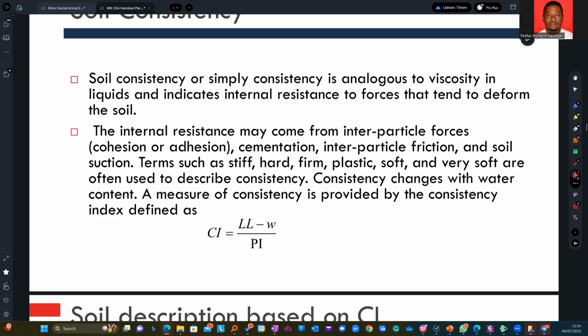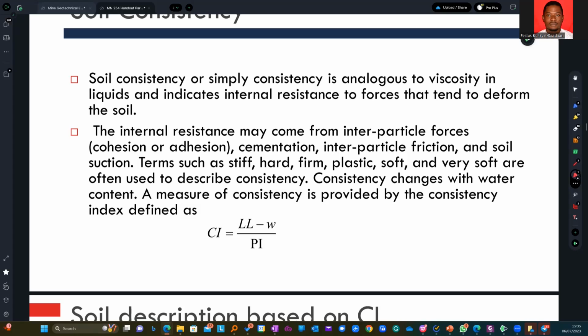So for example, if I have peanut butter or groundnut paste and I rub it on my finger, or I have honey and I want to rub it on my finger. Each of these could be the states of the soil sample when you have added a certain amount of water to it. And so I want to know how it feels in my hand, whether it is stiff, hard, firm, plastic, soft, or very soft.